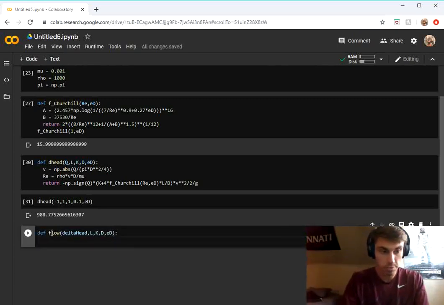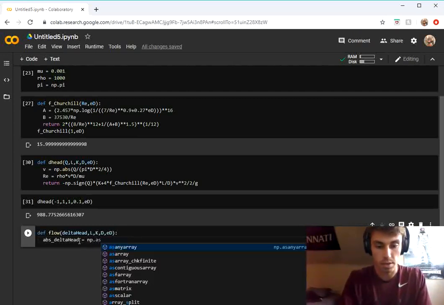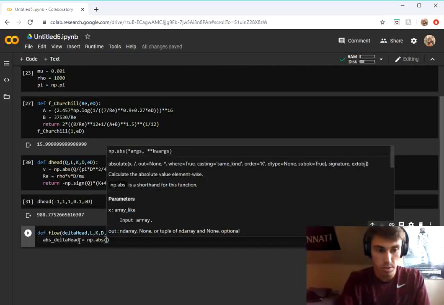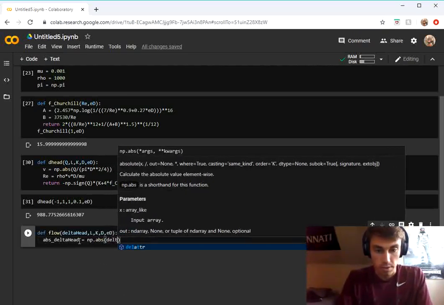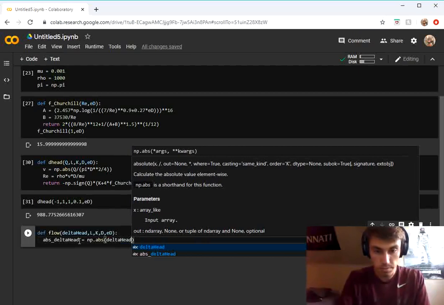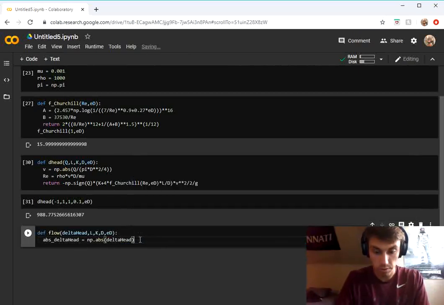So from here, to avoid similar issues with our earlier code, we're gonna say absolute value of delta head is gonna equal np dot absolute delta head. Okay, perfect.